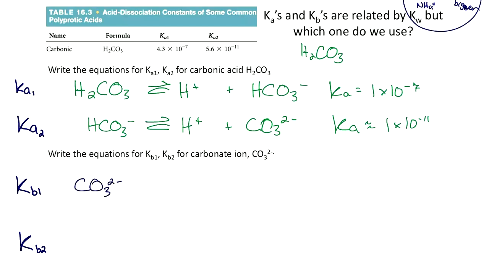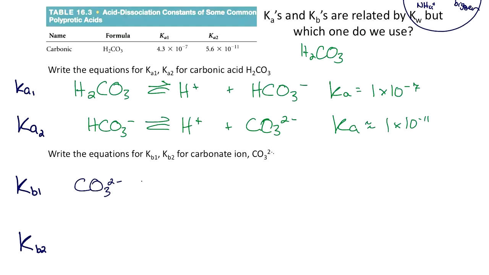And remember, Kb expressions are always weirder. I think I mentioned in my review that in undergrad, for a long time, I thought Kas and Kbs were reverse reactions of one another. They're not, all right? You might think carbonate acting as a base is just this reaction in reverse. It's not.